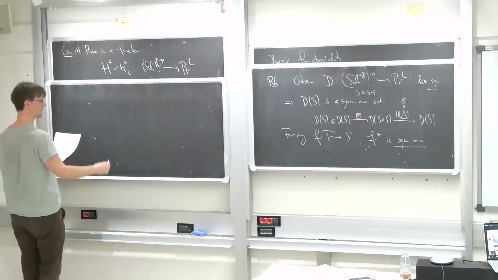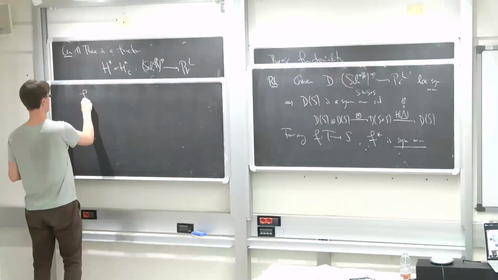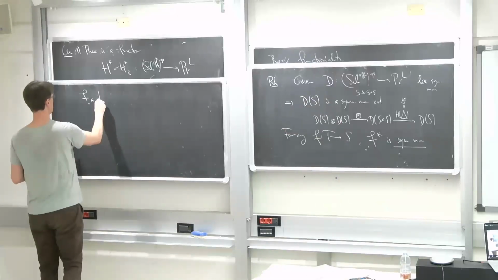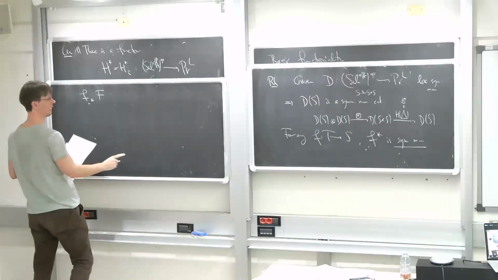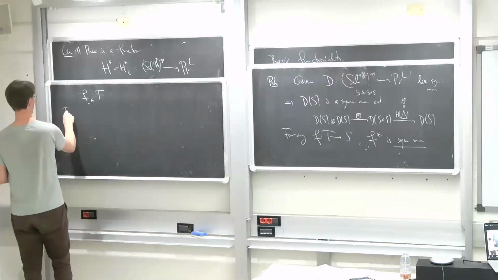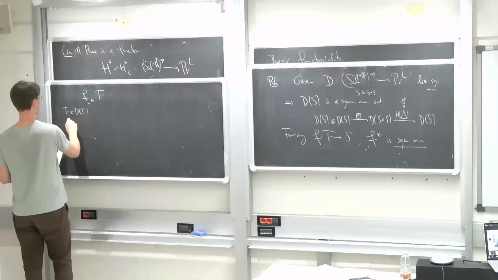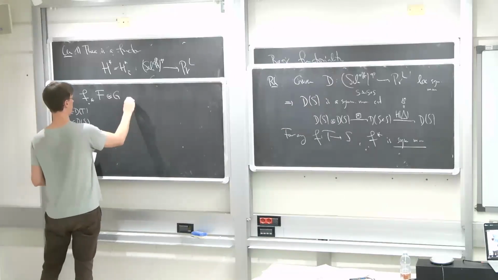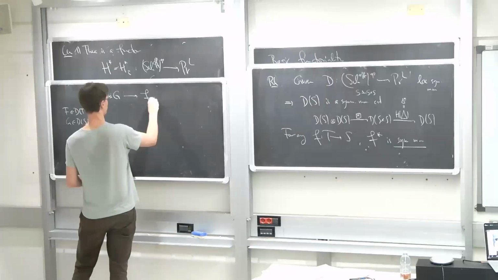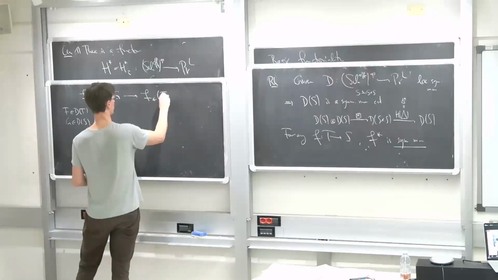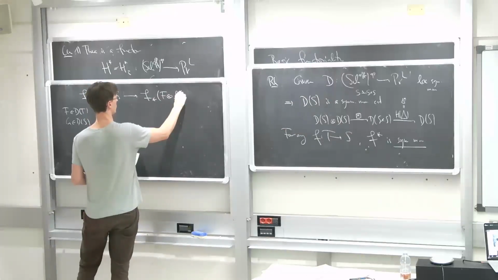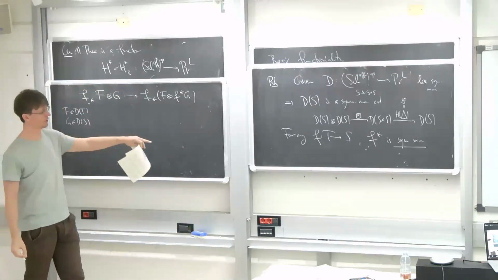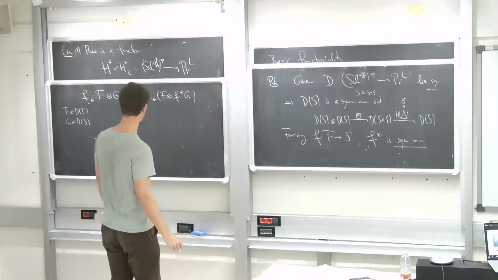Again, as a formal consequence of this, we have these so-called projection formulas, you might say. So we have f from T to S. We can say E is in D of T, G is in D of S. We have a natural map this way, coming from the adjunction and from the monoidality of the upper star.